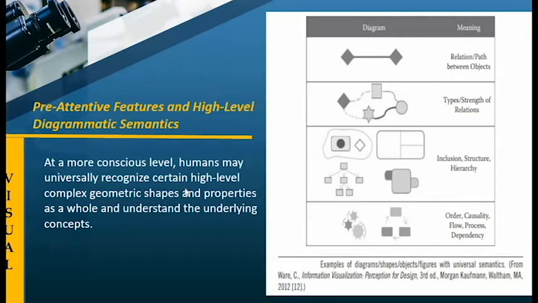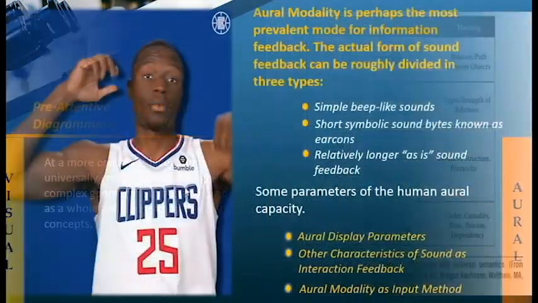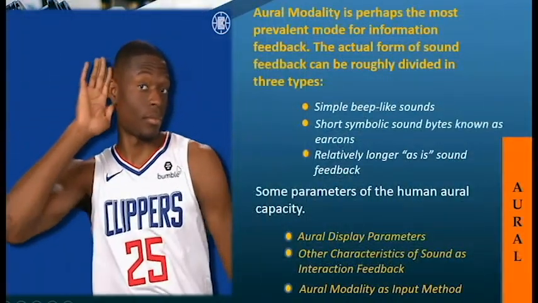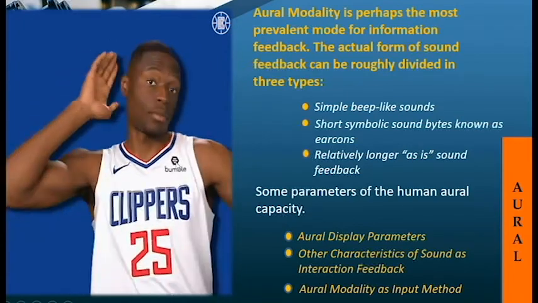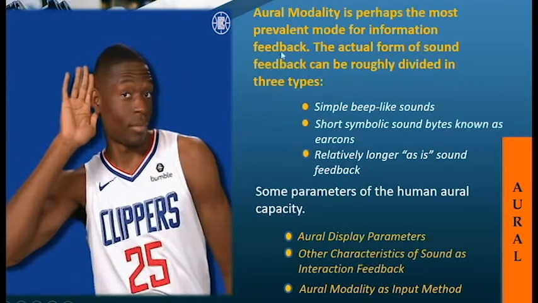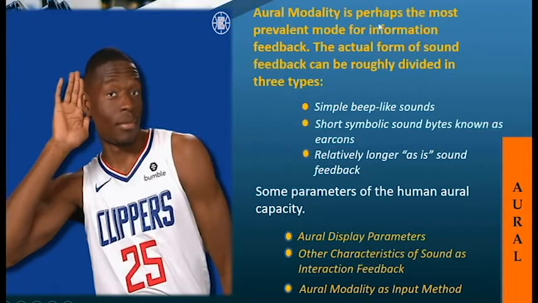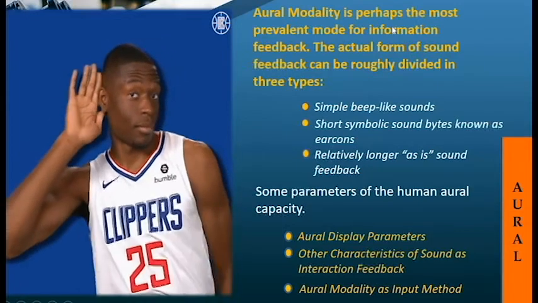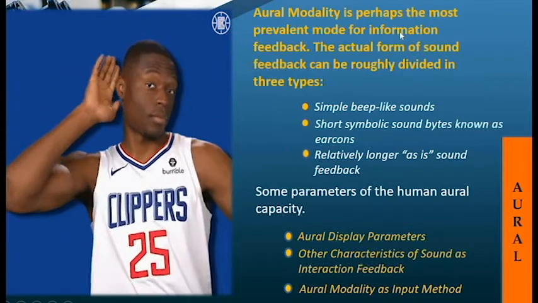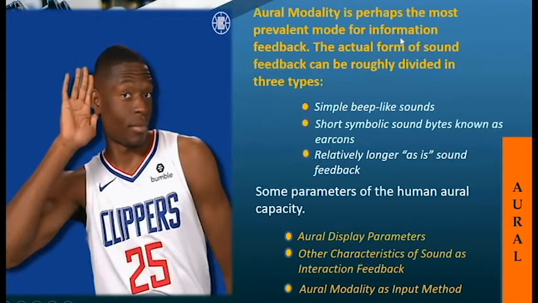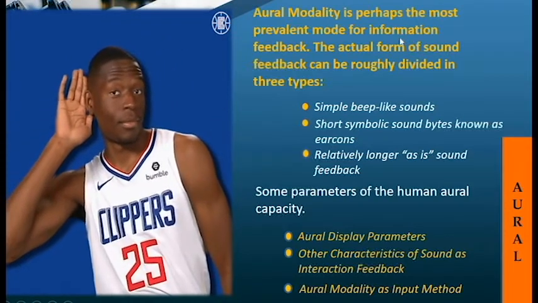Okay. Now, next to the visual is the oral modality. Oral modality is perhaps the most prevalent mode for information feedback. The actual form of sound feedback can be roughly divided into three types.